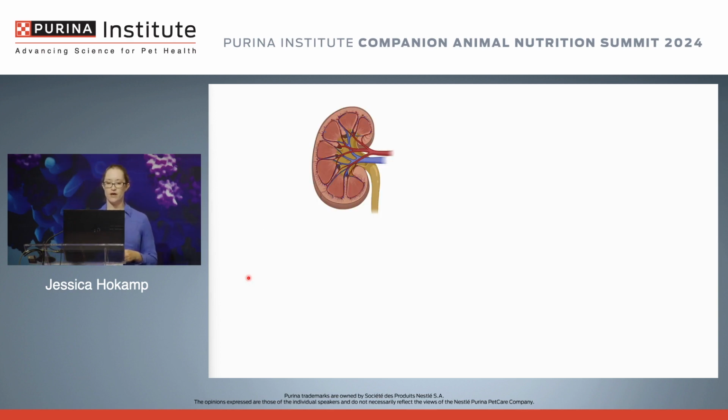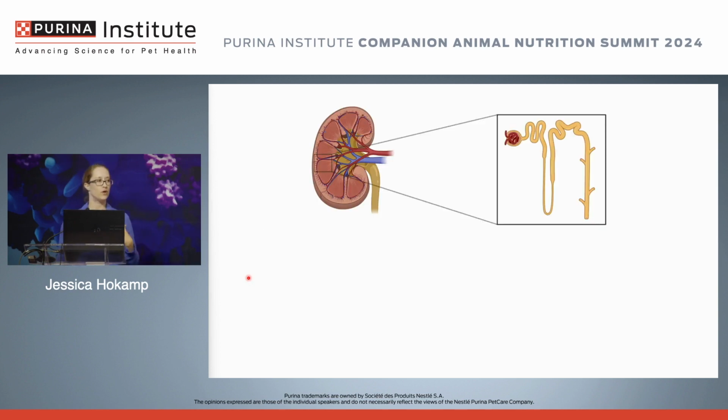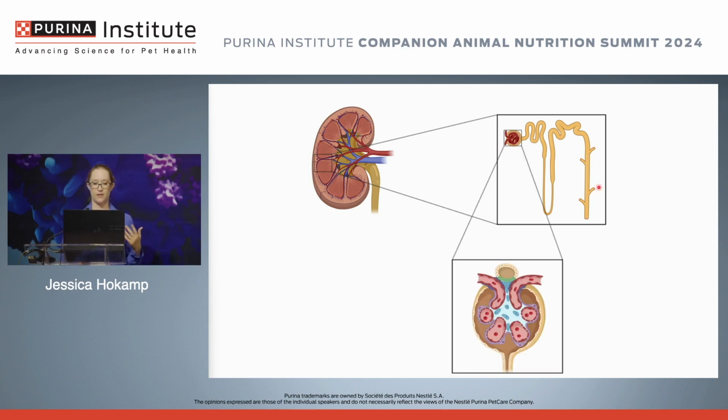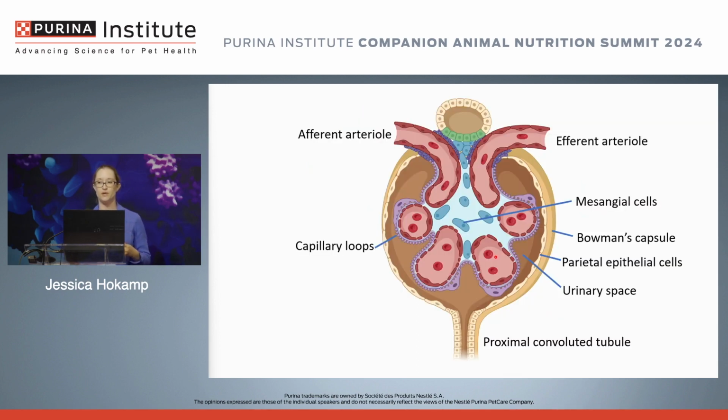That's a kidney, you know that. If we do a quick breakout of this kidney, we know that the functional unit are the nephrons, and we have many, many nephrons that are composed of the glomerulus and the tubules, very basic. Here's our glomerulus. Let's zoom in a little bit.